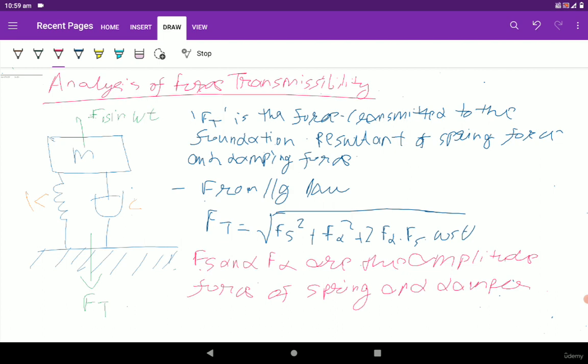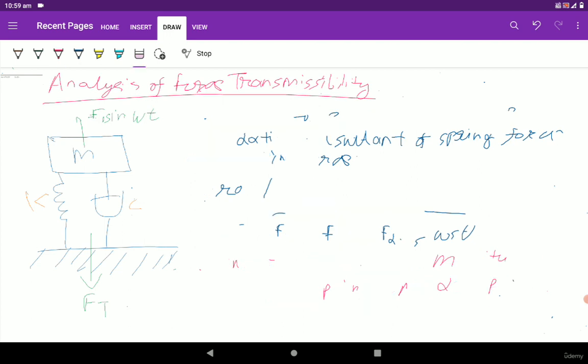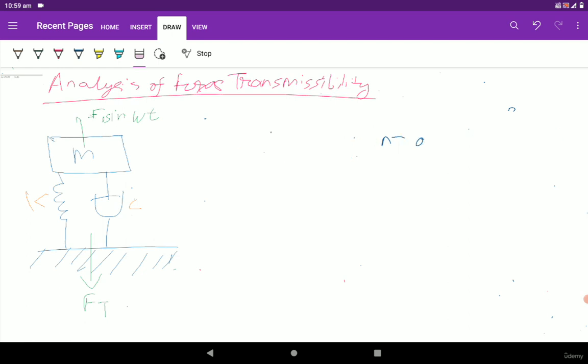So we can write the equation of motion as m x double dot plus c x dot plus k x is equal to F naught sine omega t.